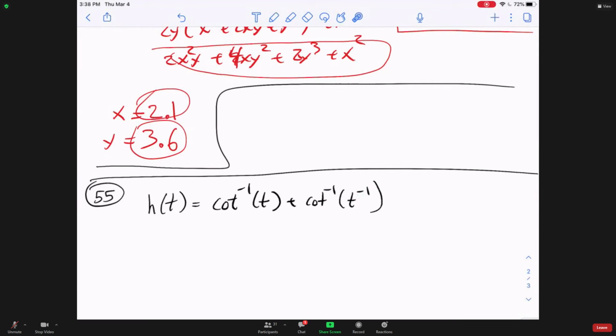It's kind of like English class. When you see the word R-E-A-D, depending on how you use it in a sentence, it's either pronounced read or read. Same thing, kind of an analogy here with the negative 1. Here it's to the negative 1 power, but here it means inverse of cotangent.